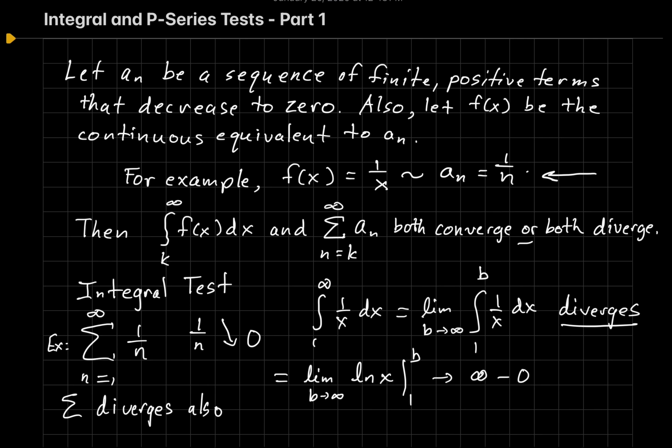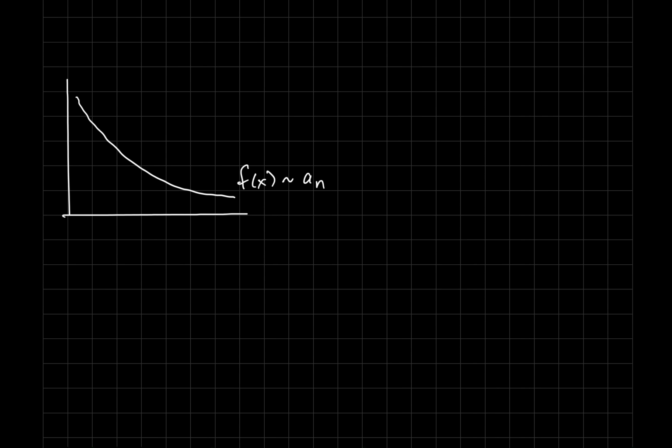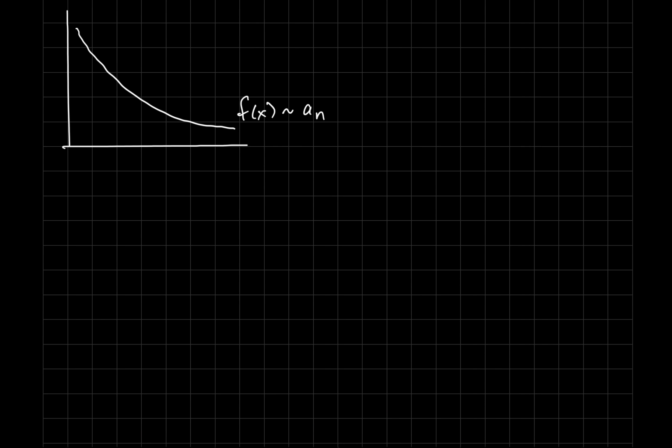So how does the integral test work? Let's do just a little bit of theory. Let's look at f of x, which is a function that has finite positive terms decreasing to 0, and where a sub n is the equivalent to f of x.